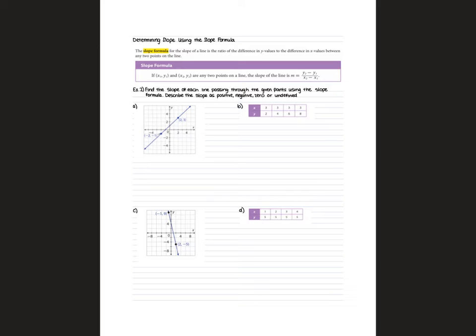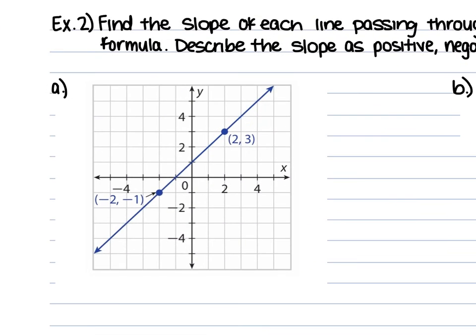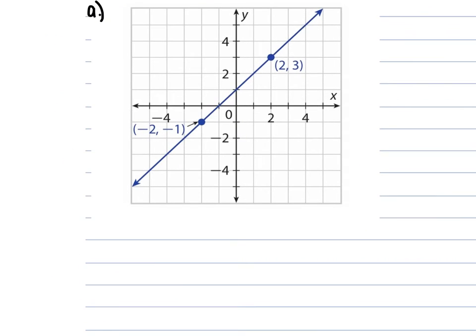For our next examples, we are finding the slope of each line that passes through the given points and using the slope formula. So if we look at example A, we have these 2 points. We can use our slope formula. We're going to have the change in y over the change in x.